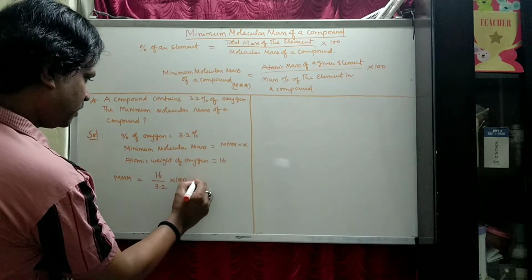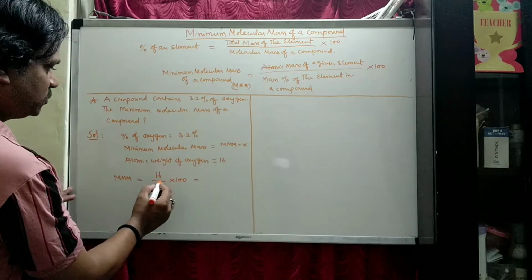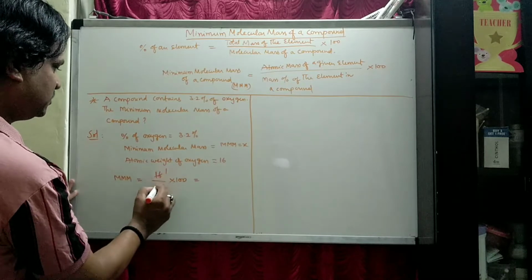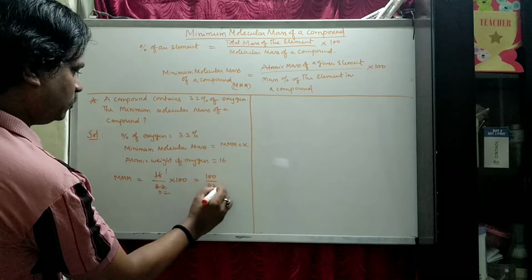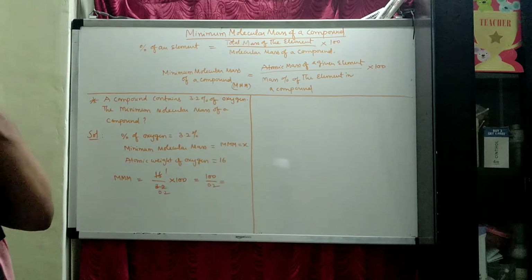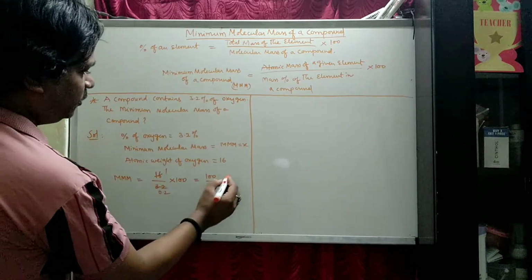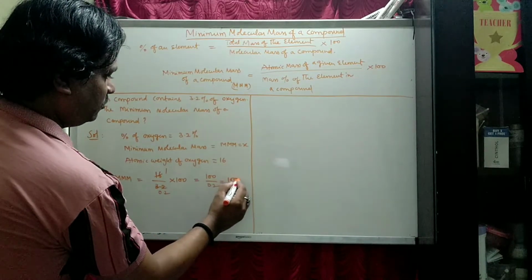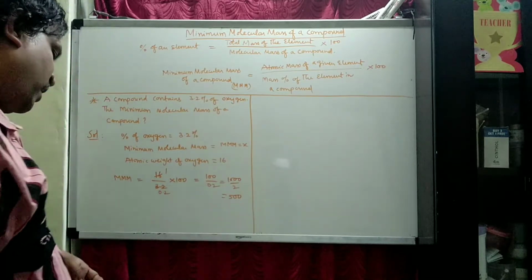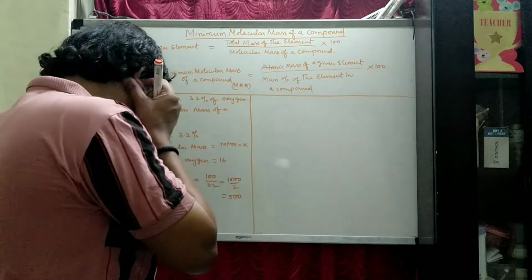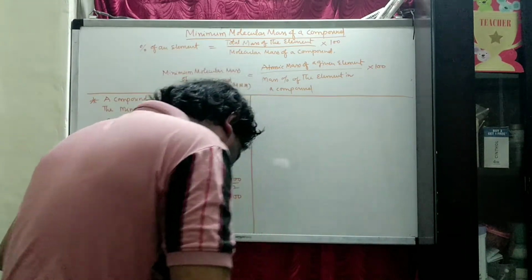So 16 by 0.2, and 100 by 0.2 can be written as 1000 by 2. So 1000 by 2 is nothing but 500. So 500 is the minimum molecular mass of the compound.